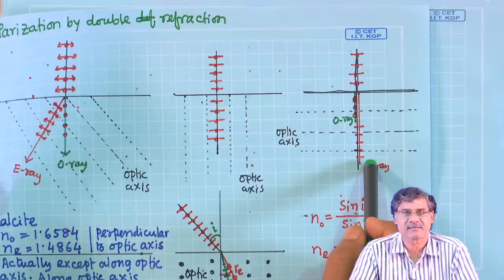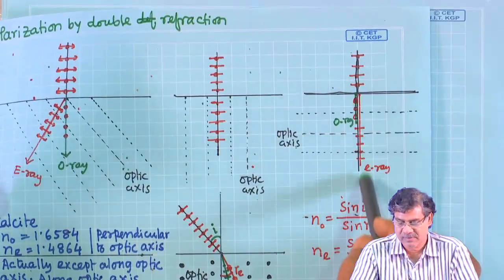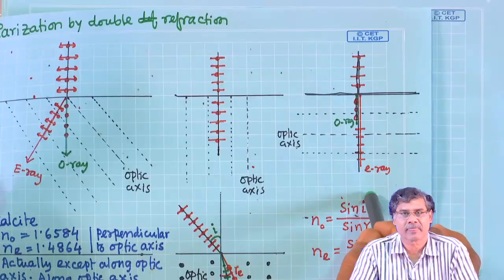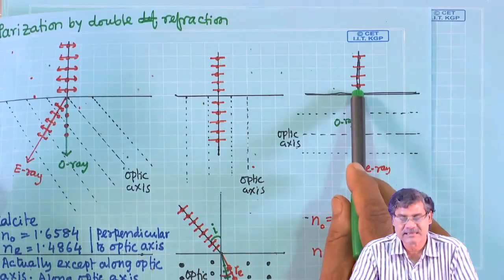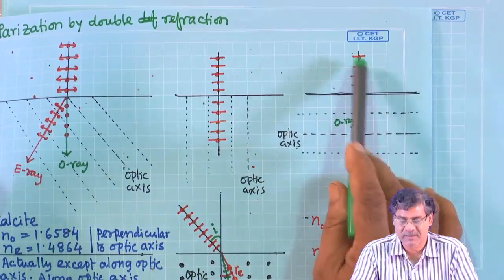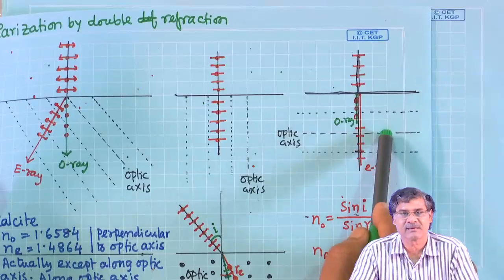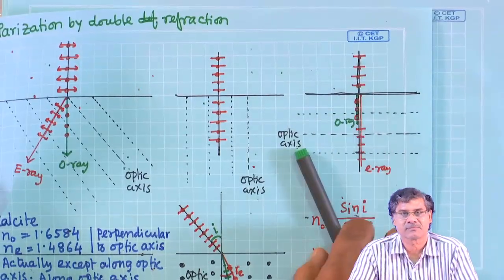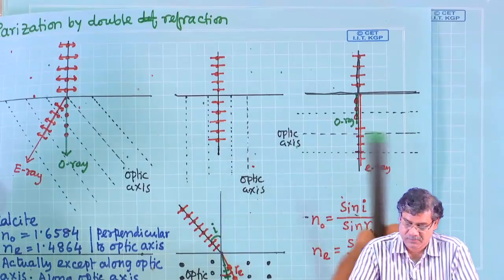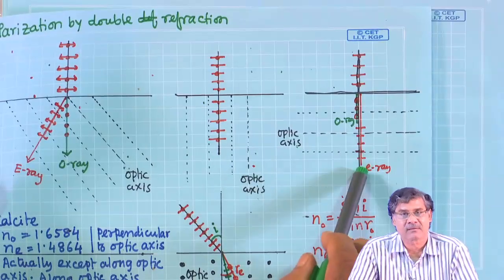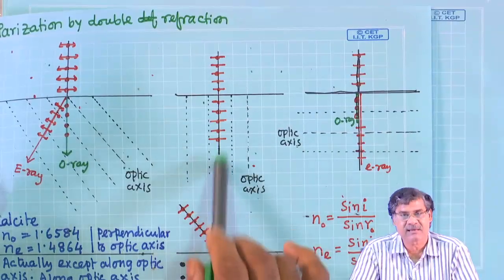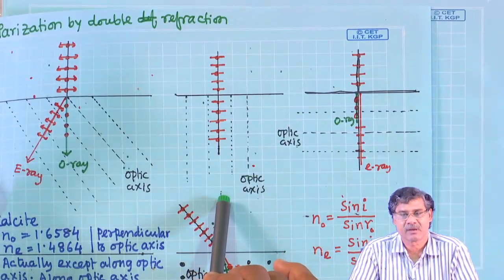In this case both rays will follow the same path. Okay. So the incident angle is 0, and for both rays the refracted angle is also 0 with respect to the normal. But perpendicular to the optics axis, we know that along the optics axis the velocity or refractive index is the same.